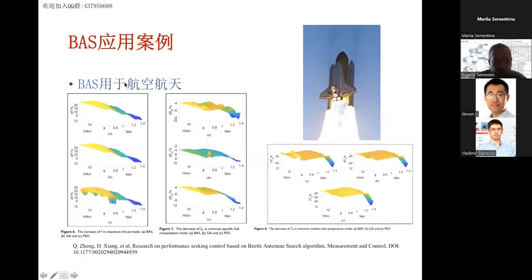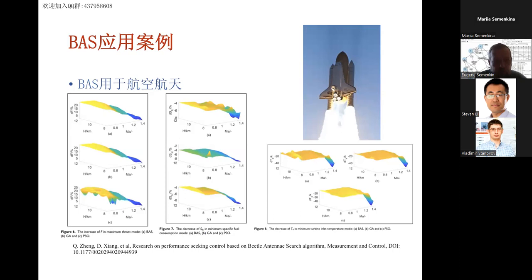This is the application of Beetle Antennae Search in aerospace applications. Basically, this application is for performance seeking. By performance seeking, they define a parameter. This parameter has dependency on some decision variables, but they do not exactly know what the dependency is.